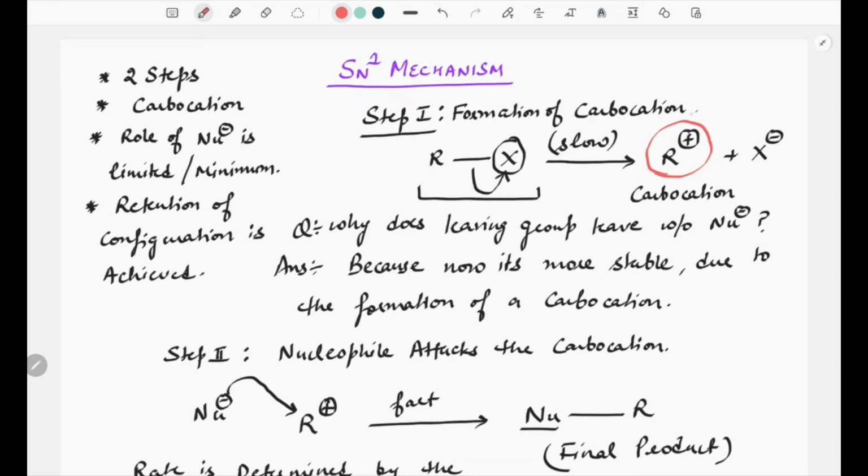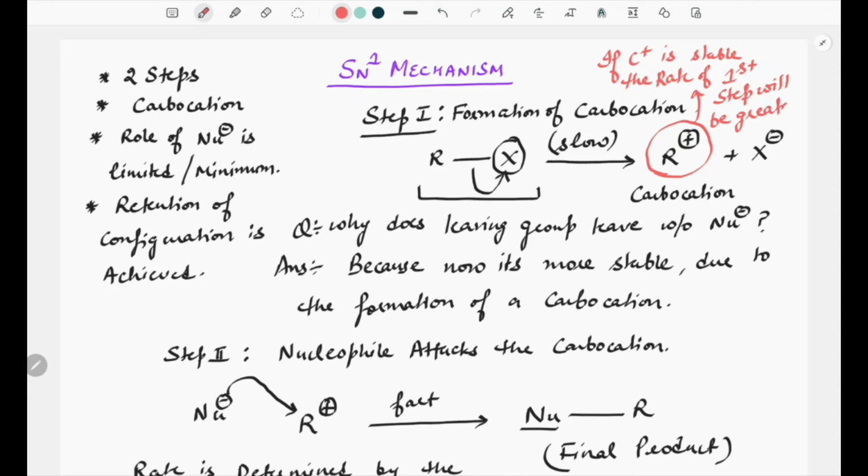Therefore, if the carbocation is stable, the rate of first step will be greater.